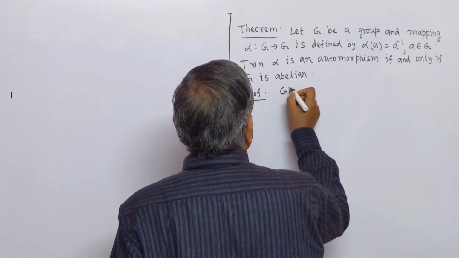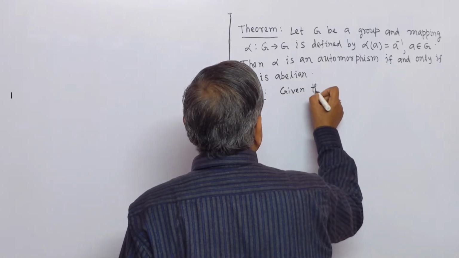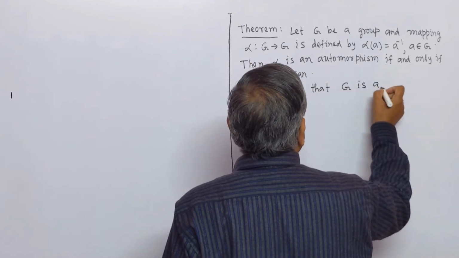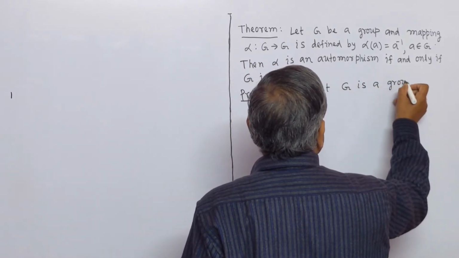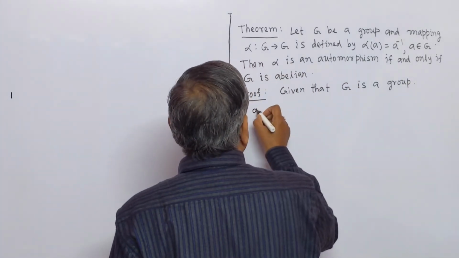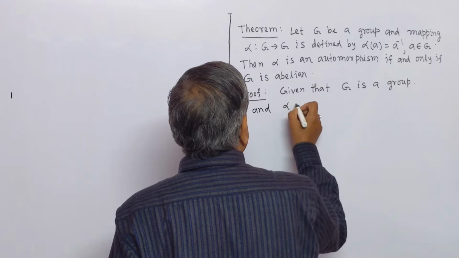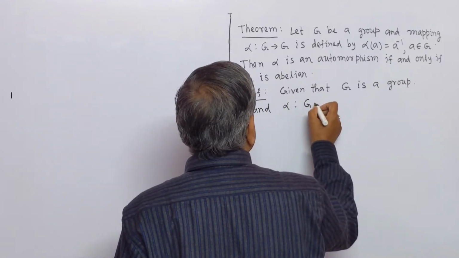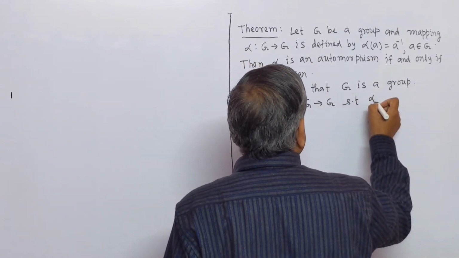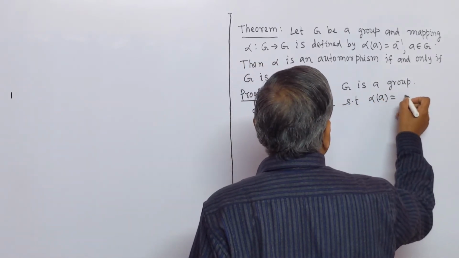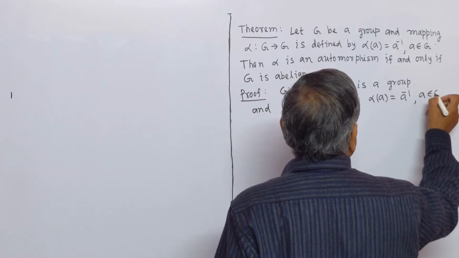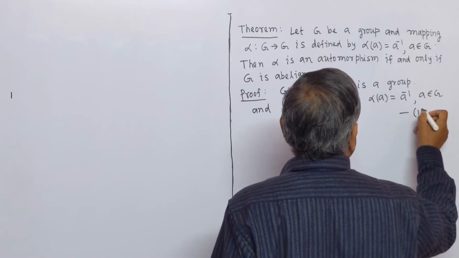Given that G is a group and alpha is a mapping defined on G into G such that alpha A equal to A inverse, A belongs to G. This is number 1.